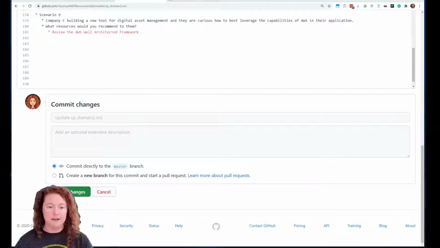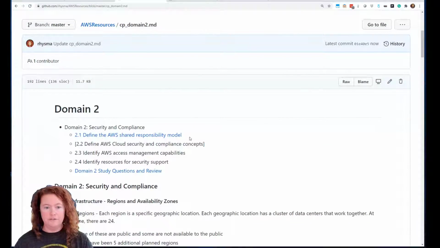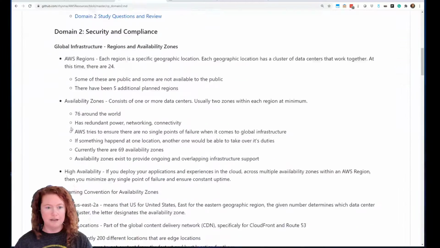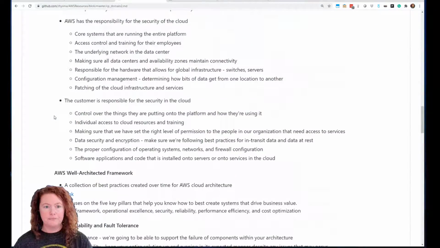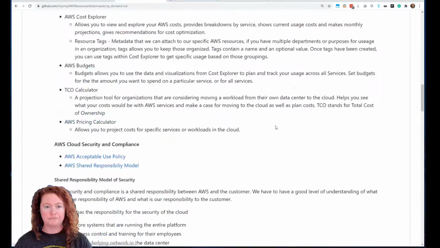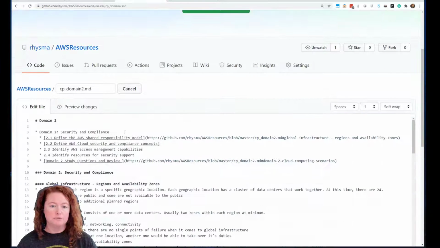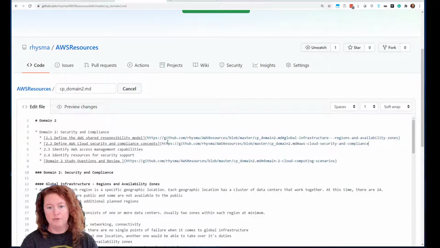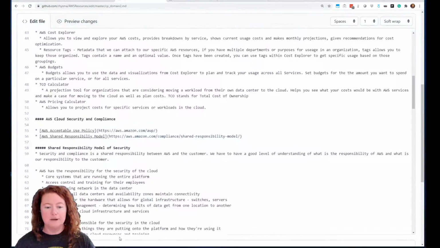All right, so let's commit. That's basically the end of our section on security and compliance. Let's grab this link. There's a lot I didn't talk about just because you really need to go review the documents.